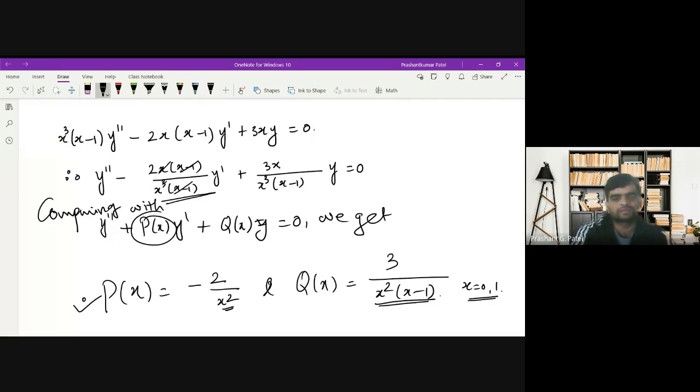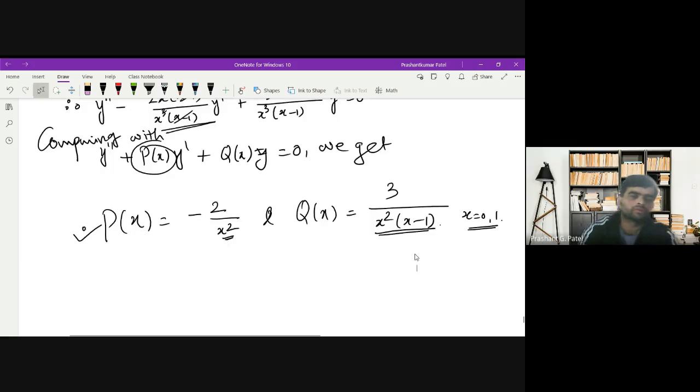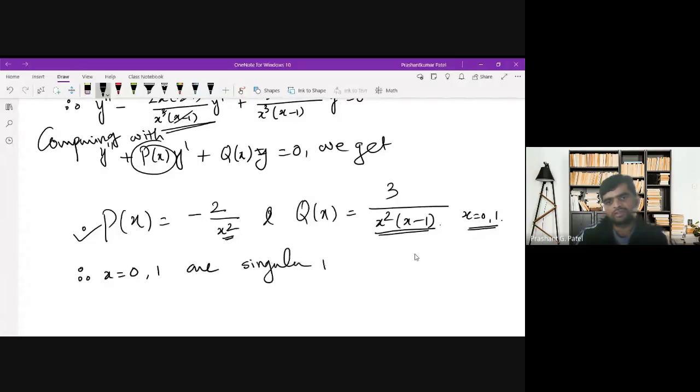So I can say that x equal to 0 and 1 are the singular points. Why are they singular points? Because p of x is not analytic at x equal to 0, and q of x is not analytic at x equal to 0 and 1. That's why x equal to 0 and 1 are the singular points.